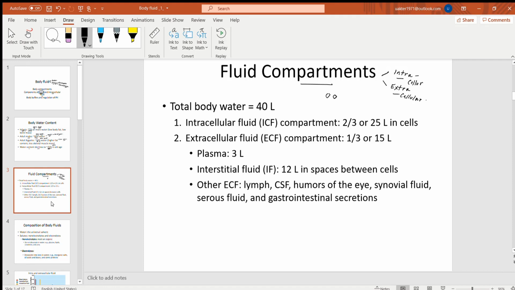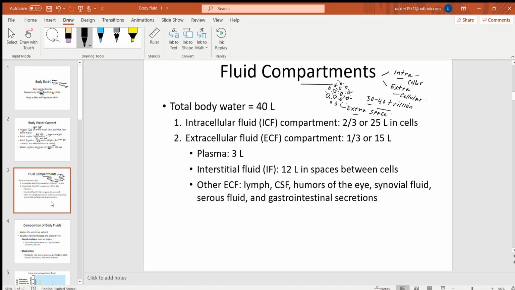Human body consists of, can you guess how many cells are present in the human body? Human body consists of 30 to 40 trillion cells, not million, not billion, trillion. And in between the cells, that means outside of the cells, is called the extracellular. So you have about 30 to 40 trillion cells, and in between the cells you have extracellular spaces.